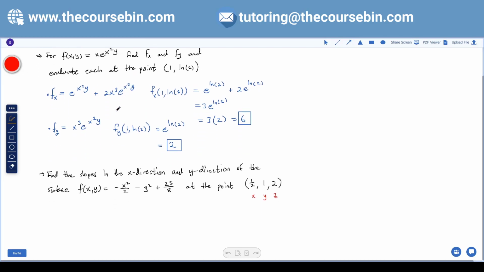Okay, so same process. First, we want fx, so partial with respect to x. With respect to x, we just get negative x, and that's it. And then partial with respect to y, well, this is just negative 2y. Now we want to evaluate fx when x is 1/2 and y is 1.